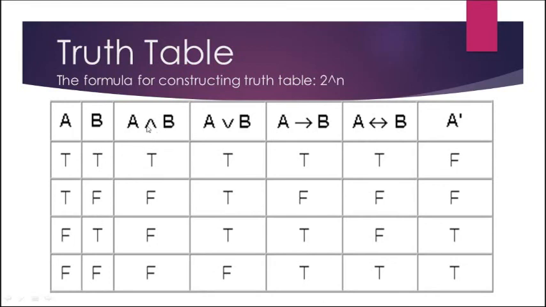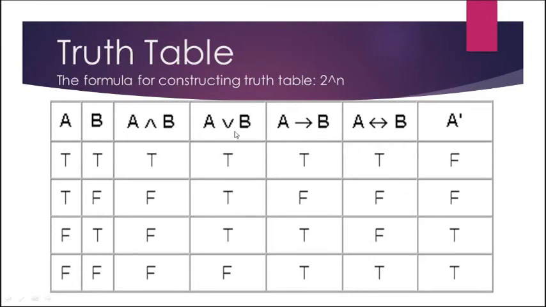Next, we have first condition, A and B. So in your AND statement, it is true only when both statements are true. So true, true, true po siya; true, false, false po siya; false, true, false pa rin po siya; false, false, false pa rin po siya. So that's your AND statement.